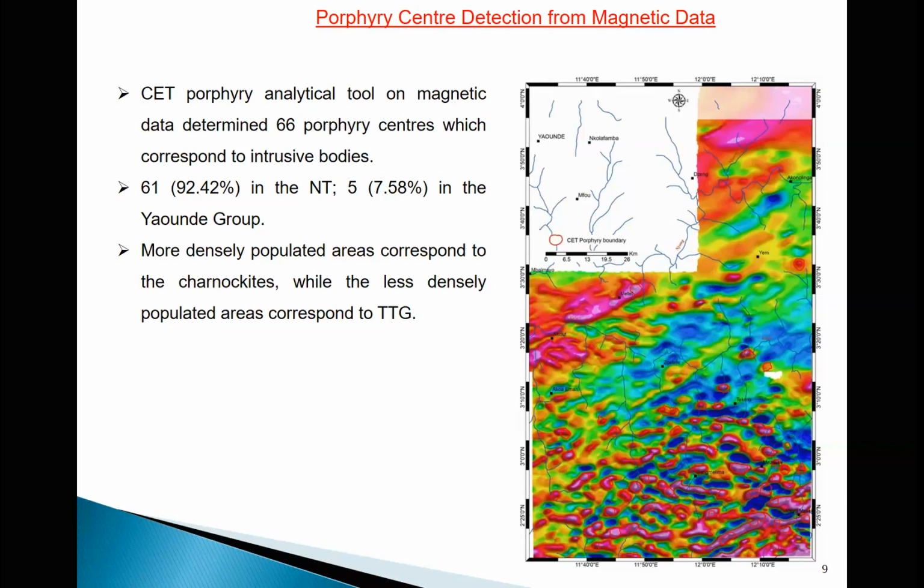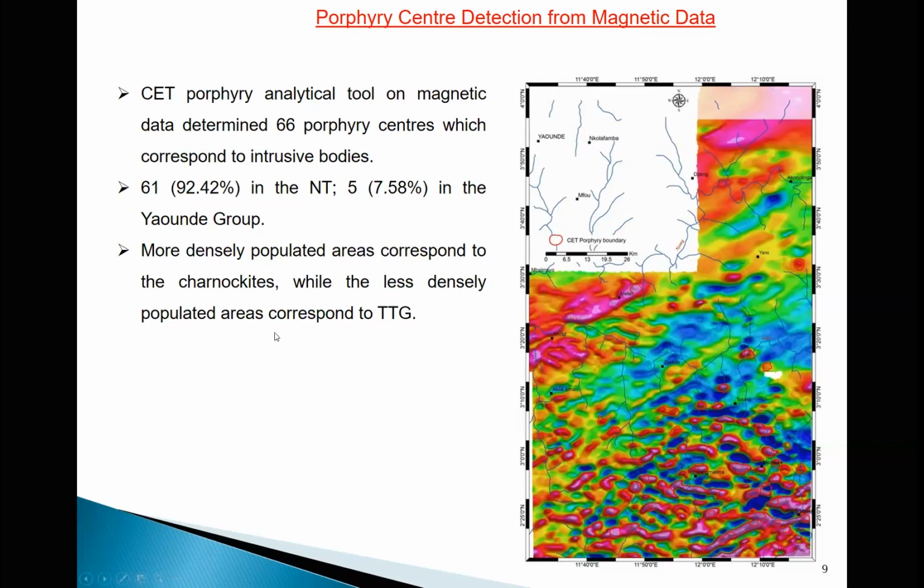Most of them, about 92%, 61 of them, fall within the Ntem complex, right? Whereas a few of them occur in the Yaoundé group, which is in the Central African Fold Belt. So that means that more of these porphyry centers are found in the Ntem complex than in the Yaoundé group.